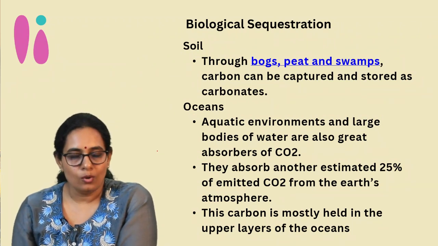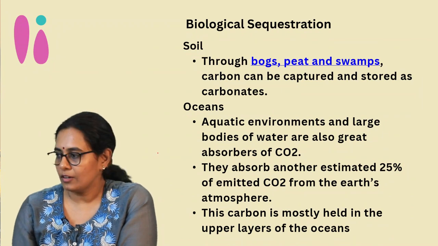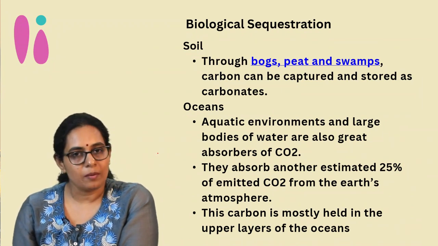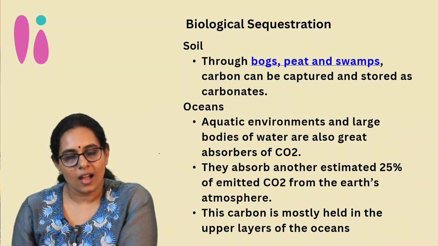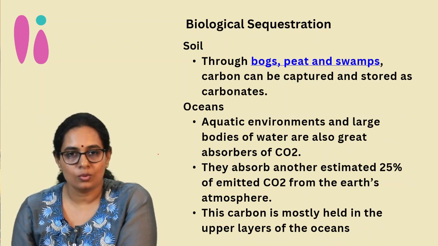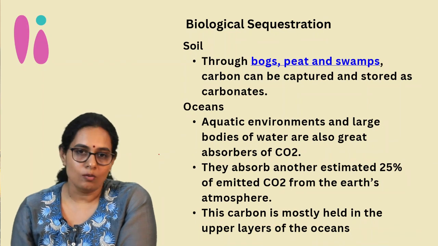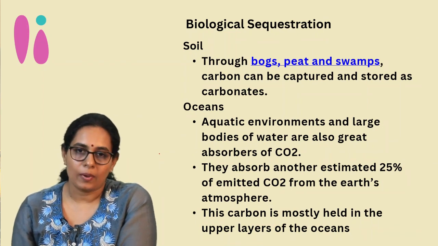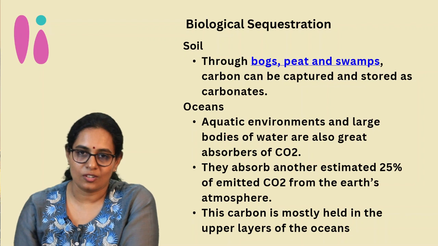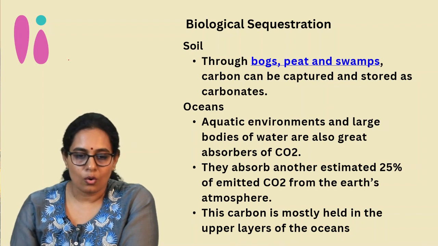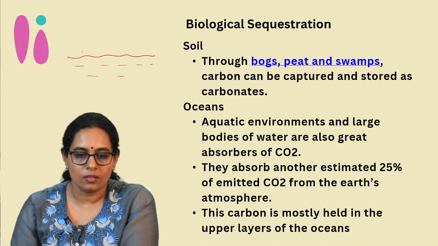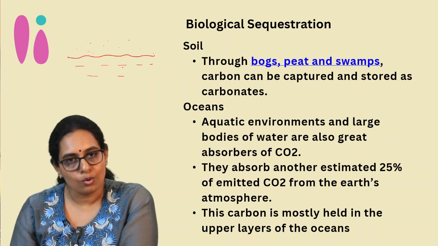So let us now look at the third method of biological carbon sequestration, which is the oceans. How do oceans help in carbon sequestration? If you see, the ocean is in contact with the atmosphere at the surface of the ocean.